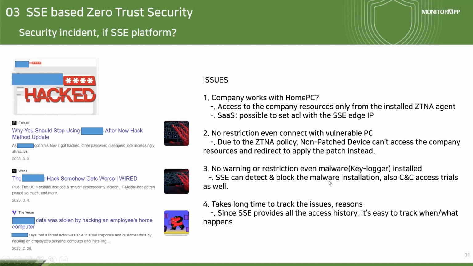The first issue was that employees worked with a home PC. If you apply the SSE, access to company resources is restricted to only the installed GTNA agent, which means basically it's not allowed to access company resources with a home PC.